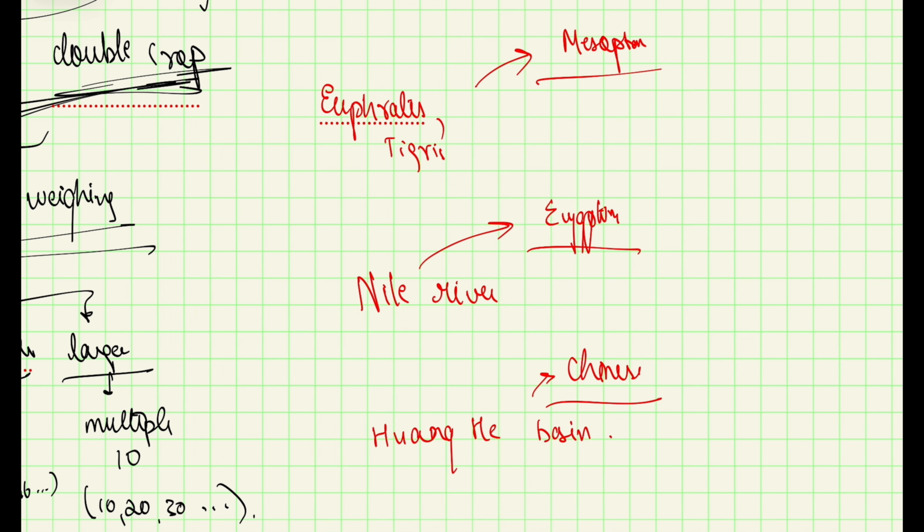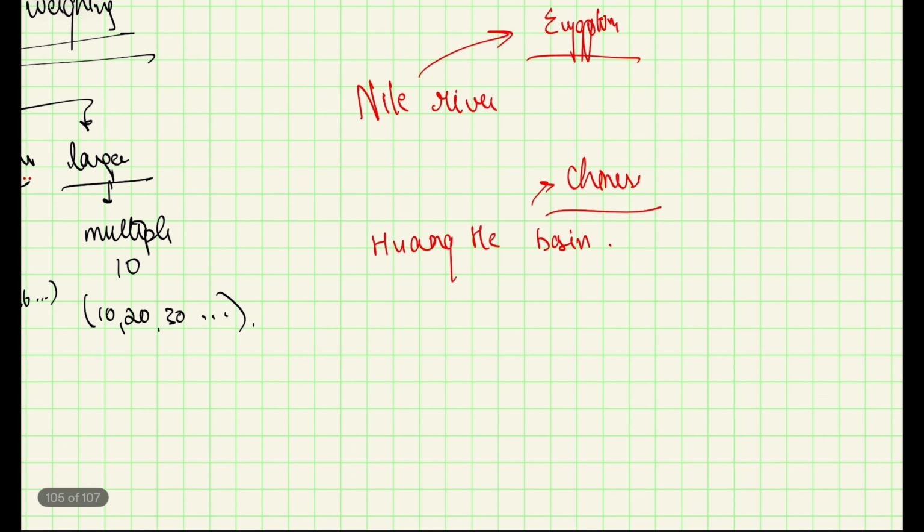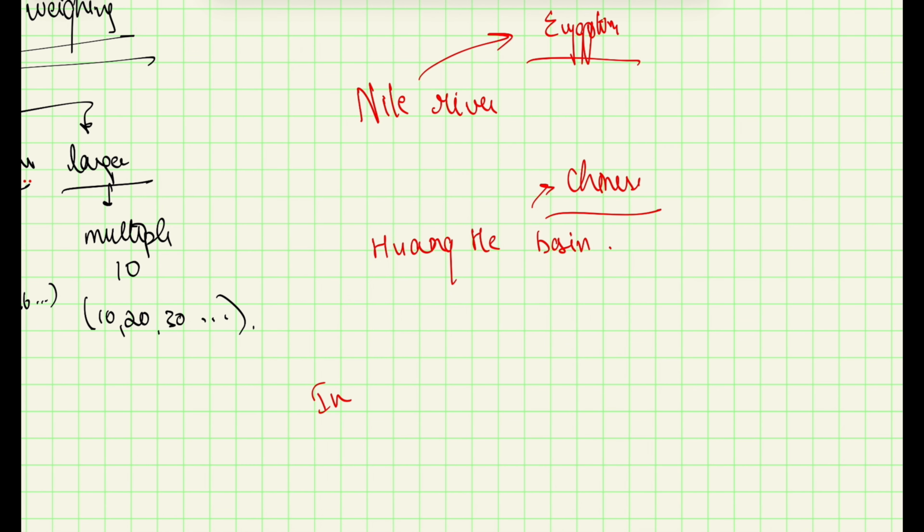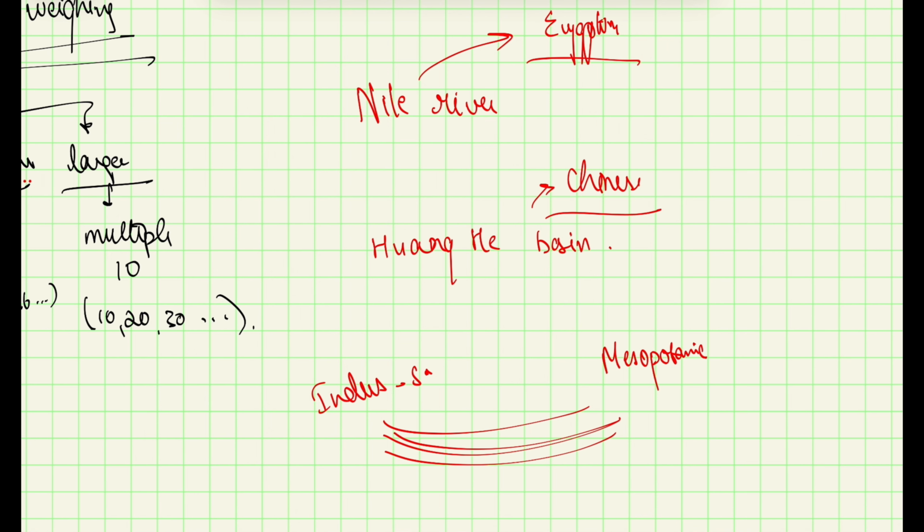And another thing you can remember is that, geographically speaking, both the Indus and the Ghaggar Saraswati valleys were close to the Mesopotamia. So strong trade contacts were seen between the Harappan civilization and the Mesopotamia, because they were nearer to each other and had more trade connections.